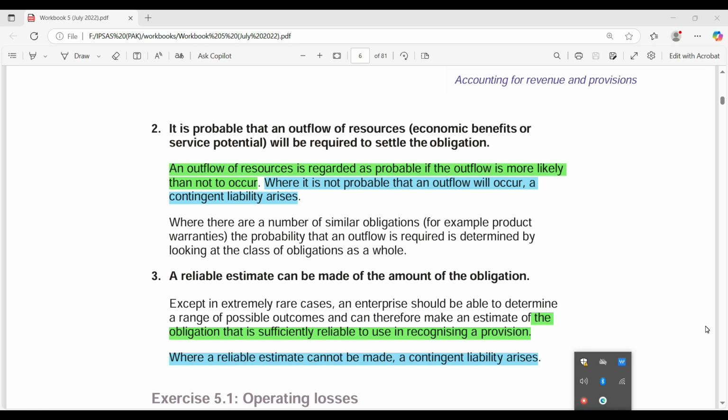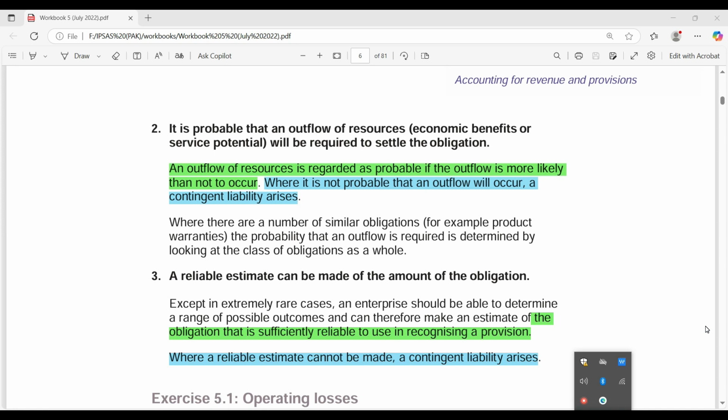But if there is less chance, it is not probable that an outflow will occur, a contingent liability arises. You see here that when there is a greater chance, then a provision is recognized, and when there is very little chance, meaning it is not probable, then you have to fix a contingent liability.